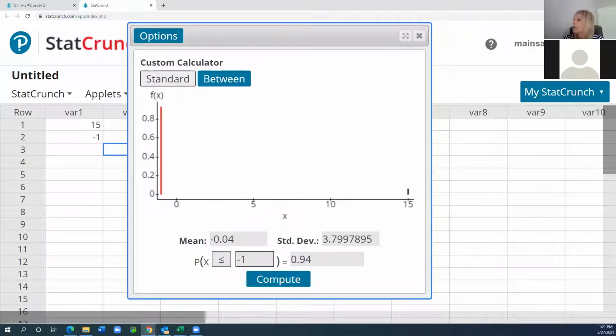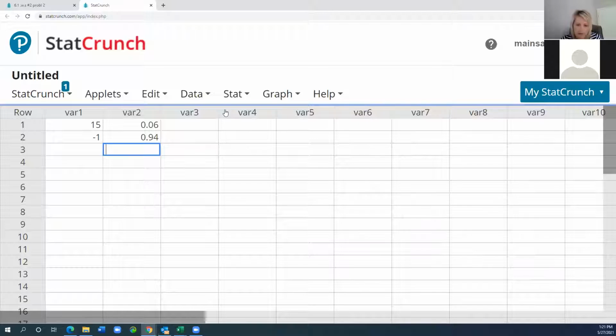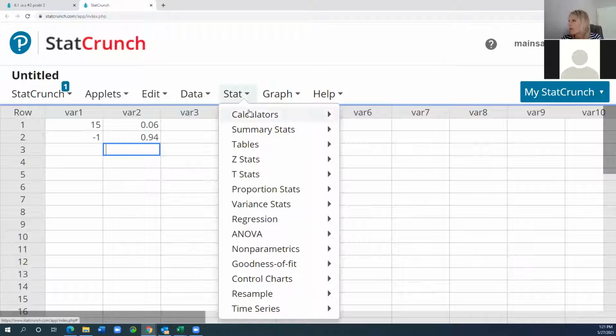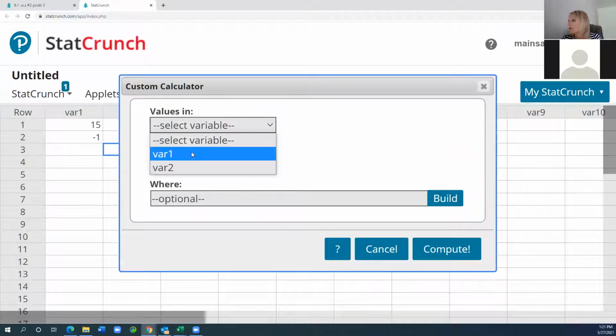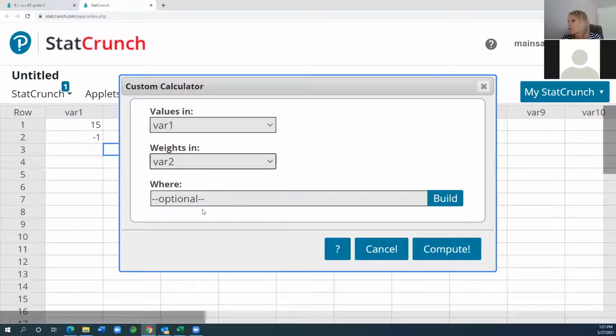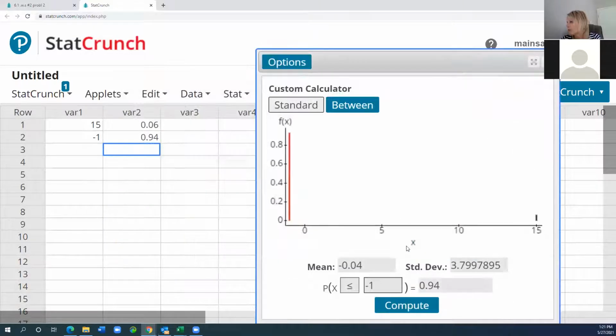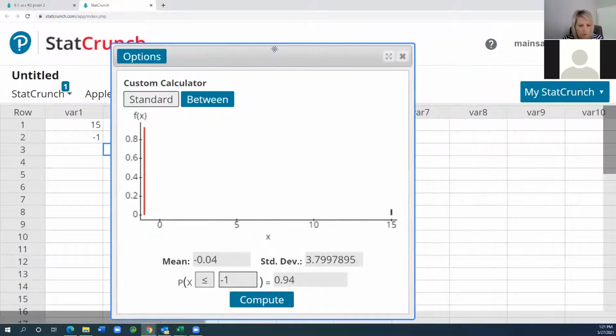Why did I not type something incorrectly here? Let's try it again. var 1, var 2, and compute. What did I not type in correctly?